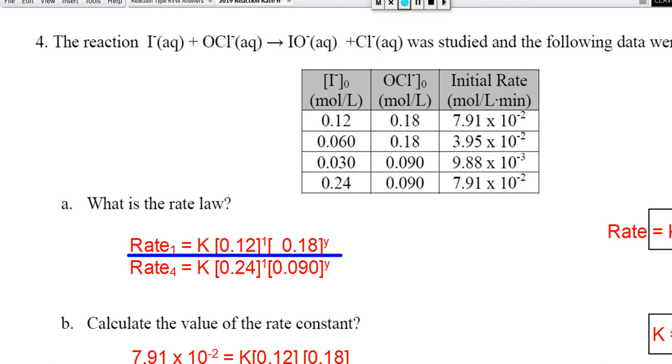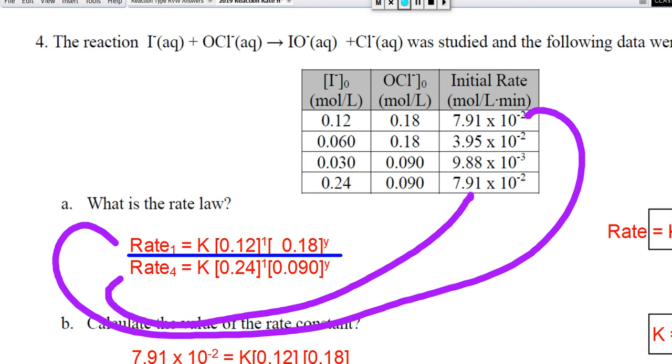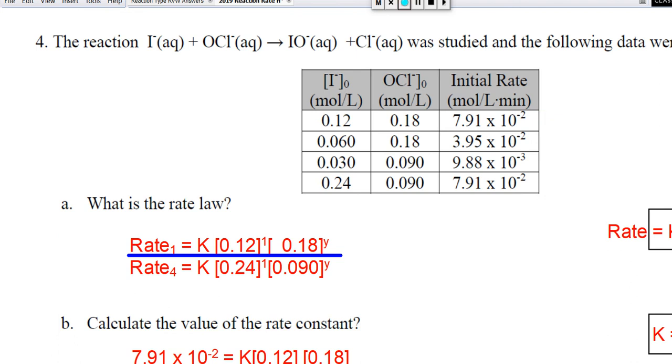The only thing I didn't actually fill in is I should have written this value for the rate, this value for the rate, but I picked rates 1 and 4 on purpose. Well, look at these two rates. Those are the same. So these two rates would cancel each other out, and this would be equal to 1 over 1. K would cancel out, all right?